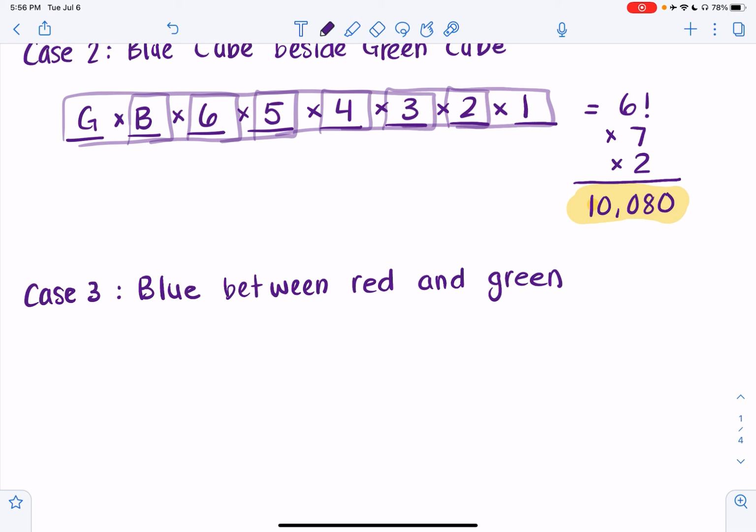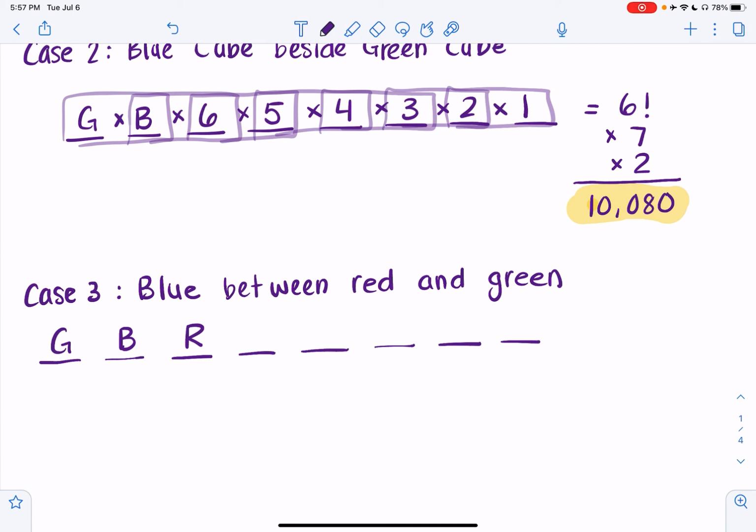So again, we'll start the same way. 1, 2, 3, 4, 5, 6, 7, 8. Now this time we have blue in between red and green. And it doesn't matter here if I wrote green, blue, red or red, blue, green. Works the exact same way. So I have my blue in between my green and my red.